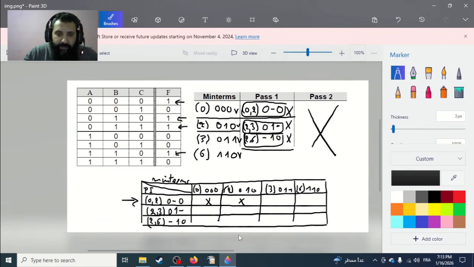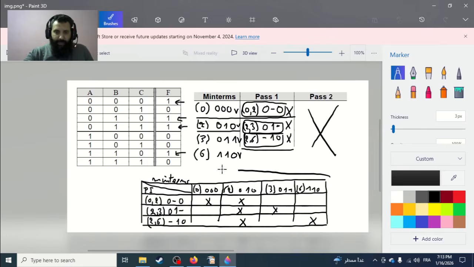This is the 0 and this is the 2. It's very easy. What do we have? For instance, this implicant covers the 2 and 3. You have this one, it covers the 2 and the 6.